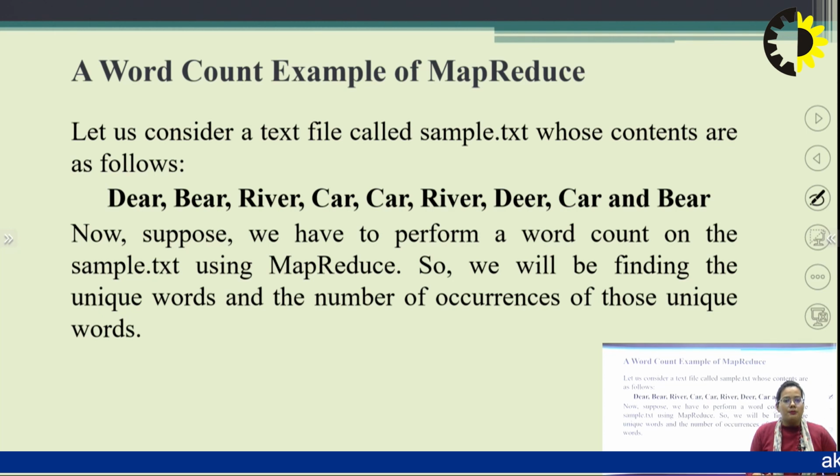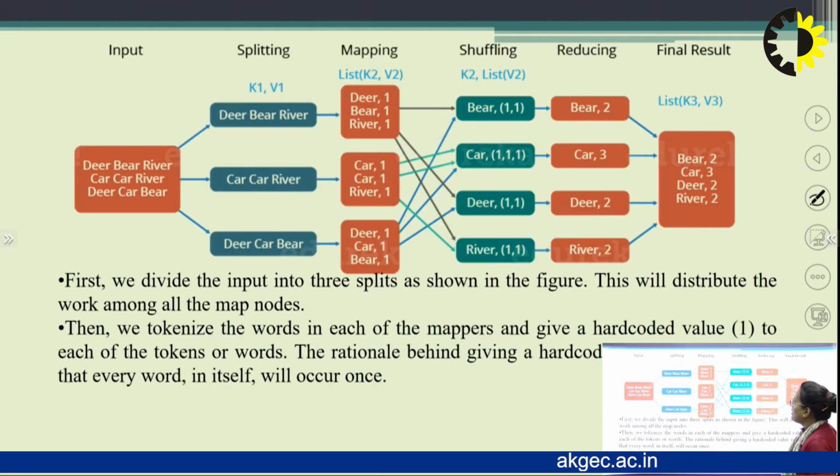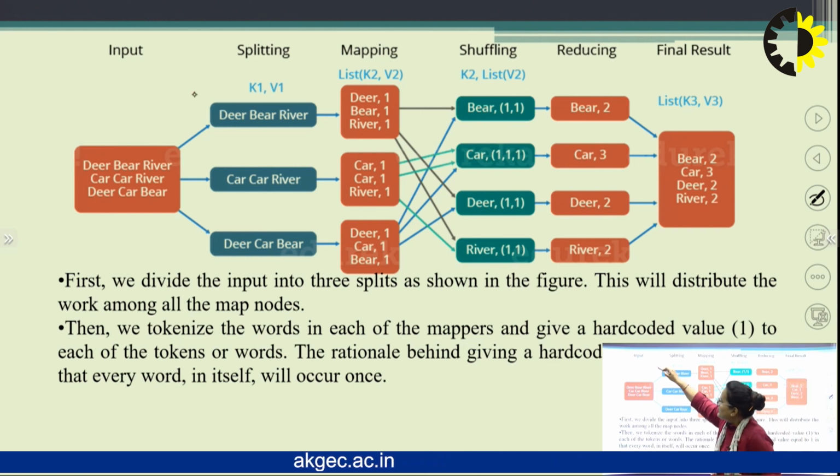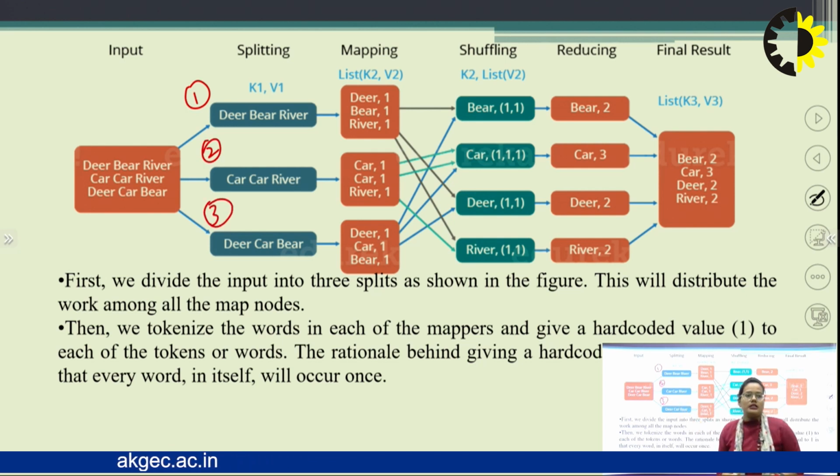We will be finding the unique words and the number of occurrences of those unique words. Firstly, we divide the input data into three splits. This will distribute the work among all the map nodes.